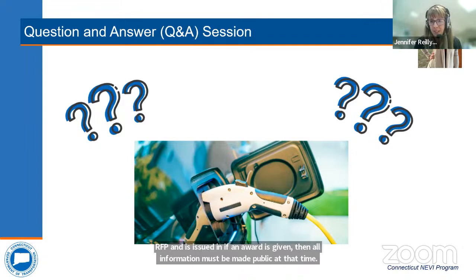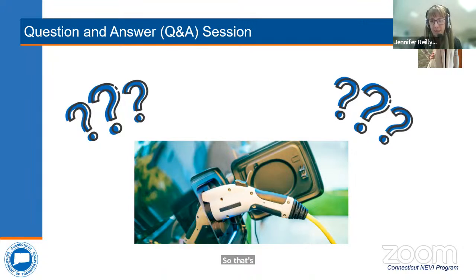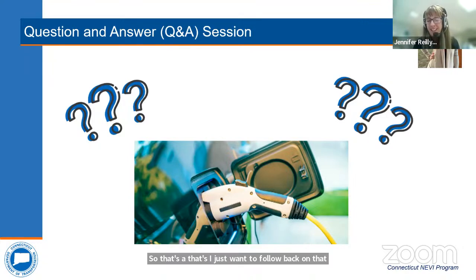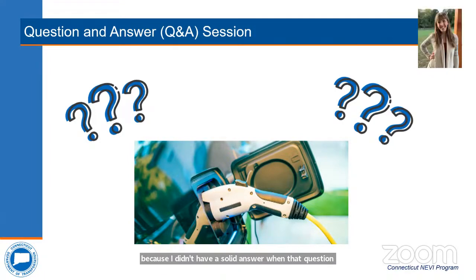So I just want to follow back on that because I didn't have a solid answer when that question came in. Great, thank you for that follow-up. I still don't see any additional questions at this point.